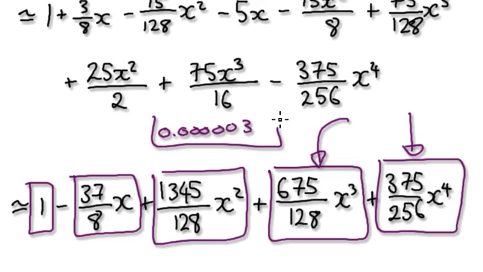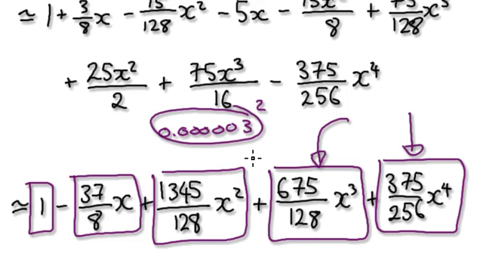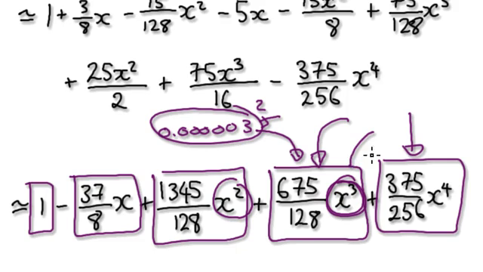let's say 0.00003, this is pretty close to 0. When you square it, it would be a quite small number. And when you cube it, whatever the cube will be, it would be negligible in comparison to x squared.